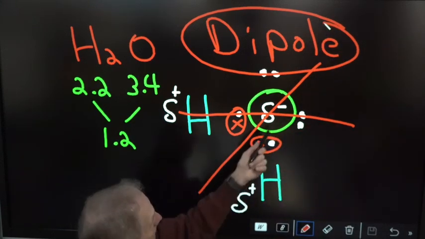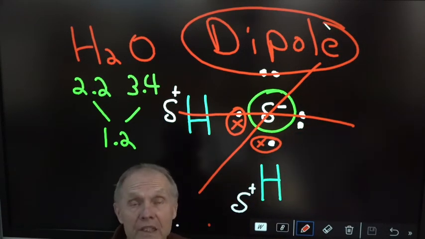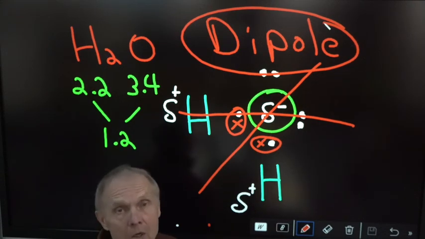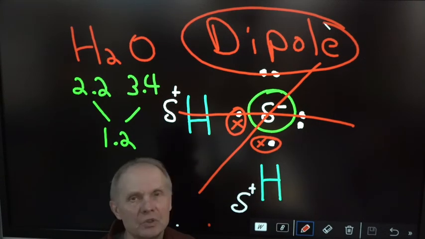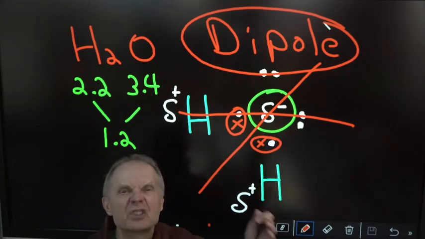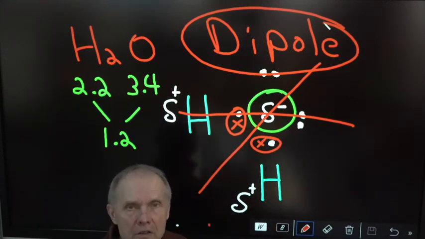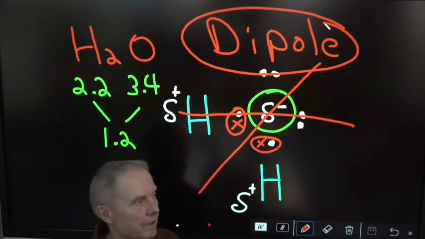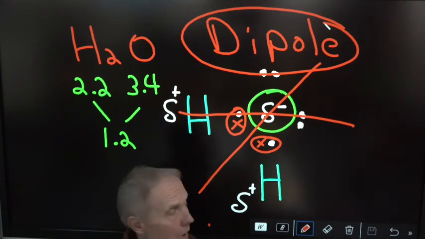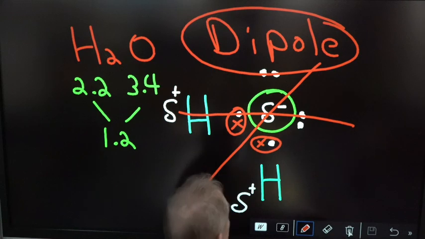So we can say water is a polar molecule, or we can say water is a dipole. And it's just not a normal dipole or polar molecule, it's strong. Water molecules are strong dipoles. Okay? All right, let's do 2 more. All right, the next polar molecule we're going to do is this one.